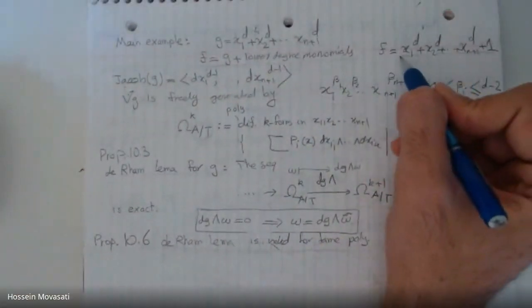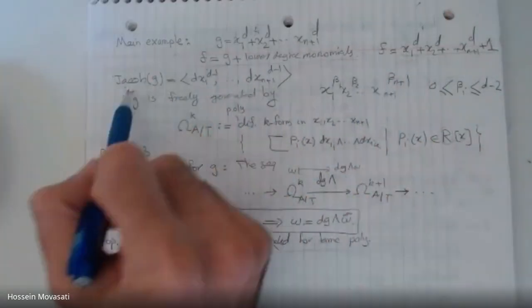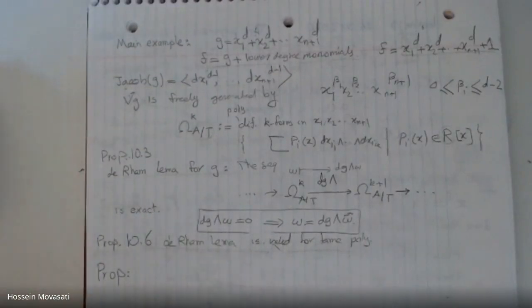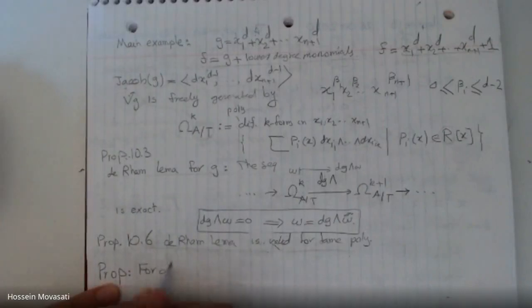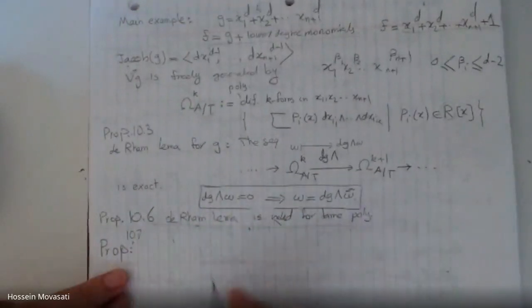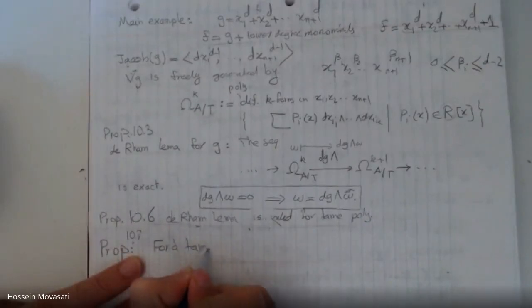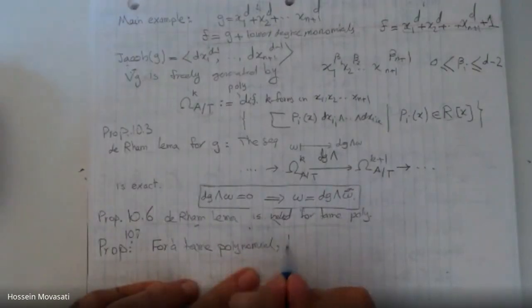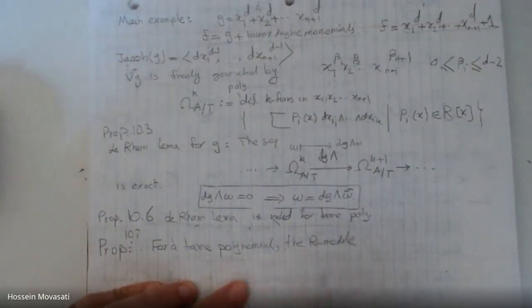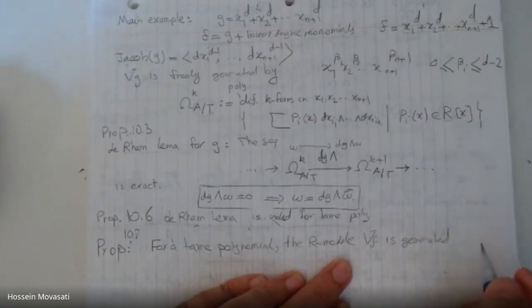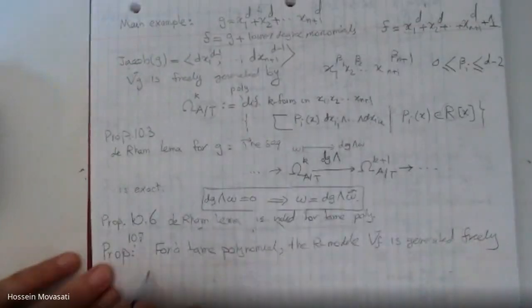Remember that I chose a monomial basis for Vg, and maybe I write this proposition, proposition 10.7, for a tame polynomial, the R module Vf is generated freely by x to the I.